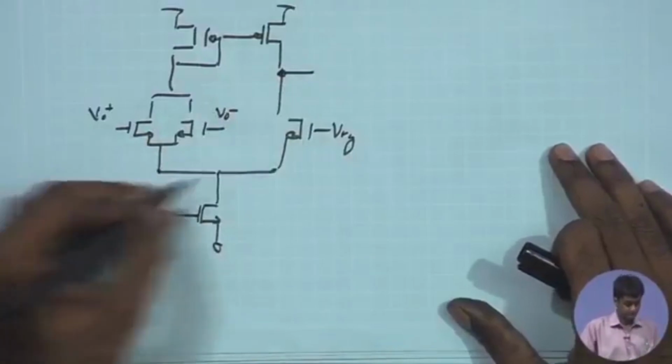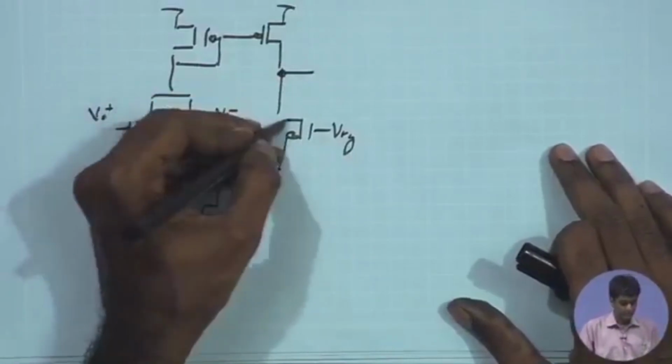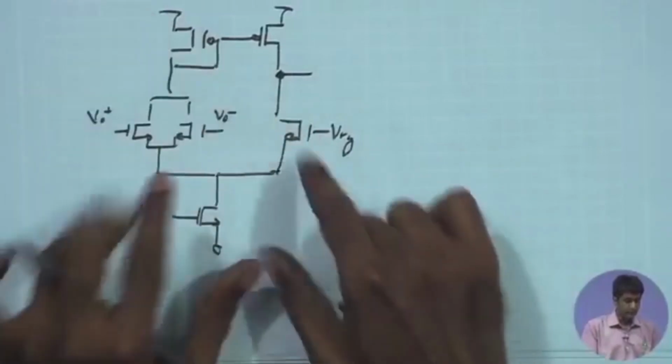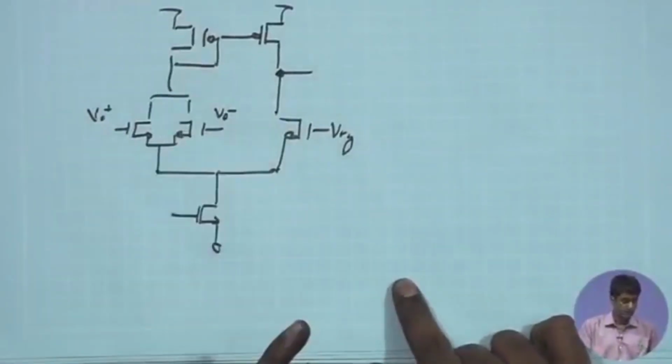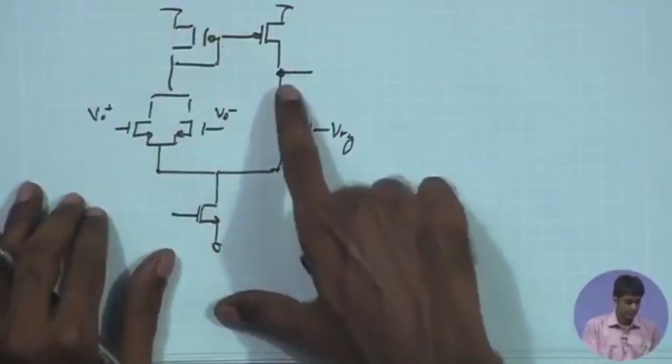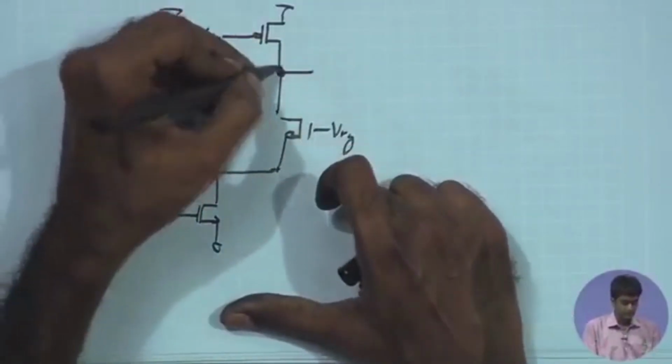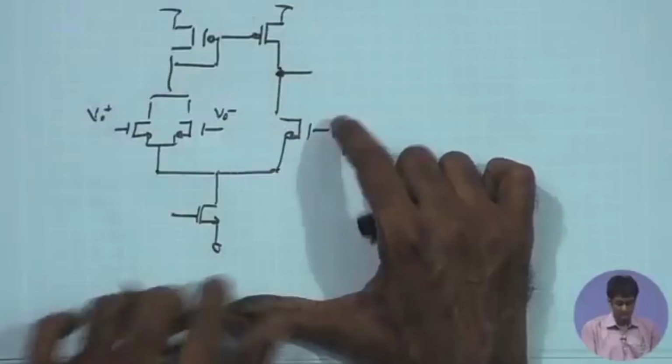One of the important constraints would of course be the gain. We would like to have sufficient loop gain, so the GM-RO product should be sufficient, and also we need to have a sufficiently large RO over here so that the compensation does work.